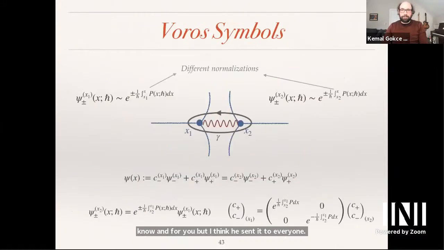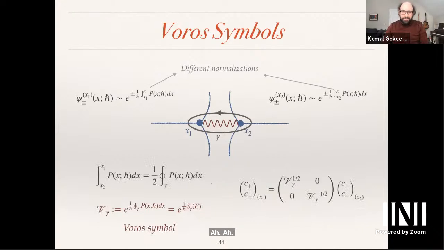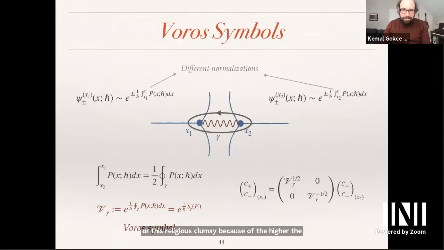Okay. 43 and this, for this, which is clumsy because of the higher order corrections to be treated separately, being non-integrable at the turning points. I see. Yes, I see.